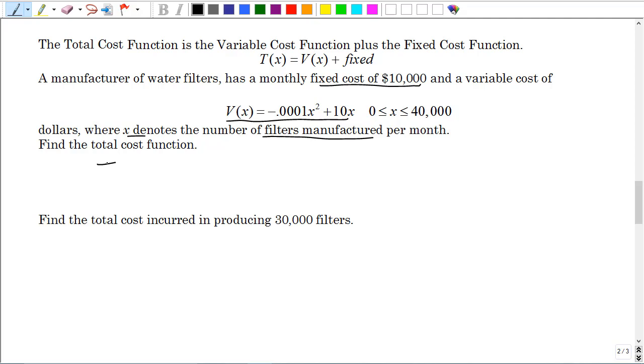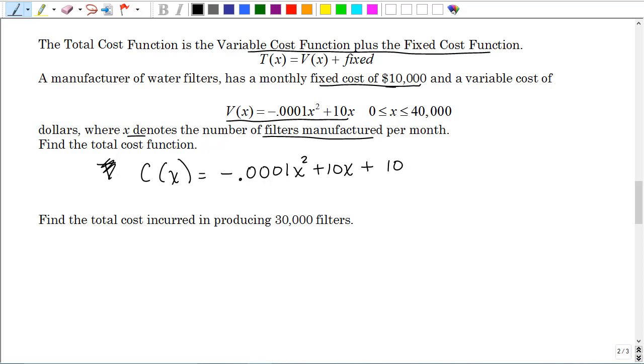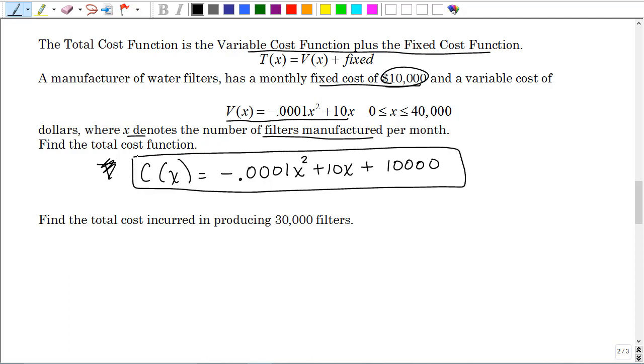So what's my total cost function? You know what? I'm going to call it C for cost. So my total cost function is the variable plus the fixed. So they gave me my variable one plus my fixed cost of $10,000. So that is my cost function.